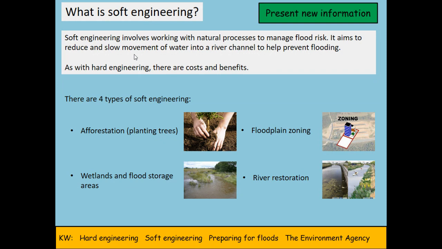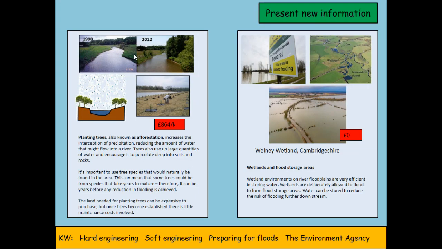We've got afforestation, which is planting trees, floodplain zoning, wetlands, and river restoration. So we're going to go through these exactly the same as what we did with the hard engineering. These prices look a bit better, don't they? Very much so.